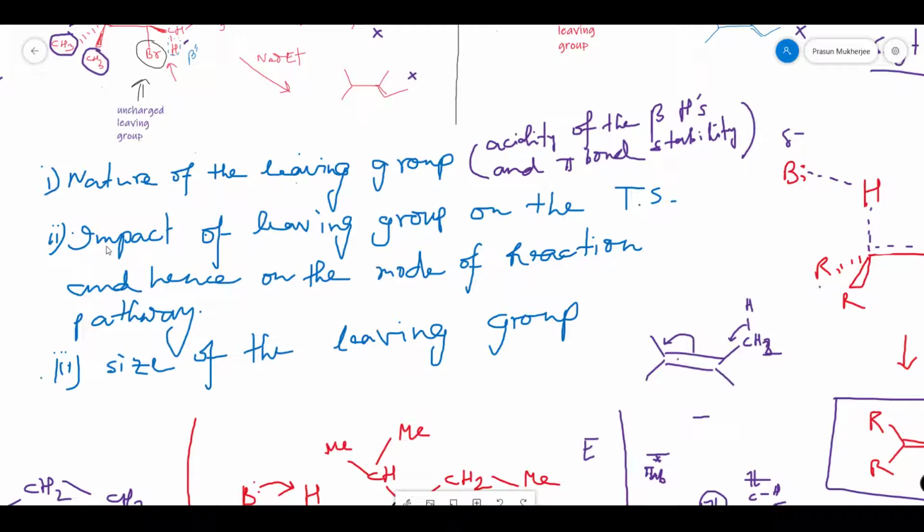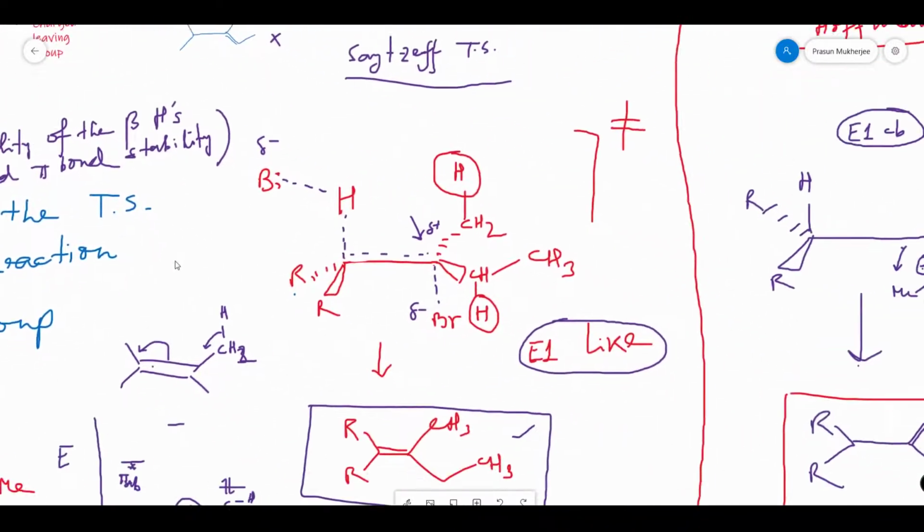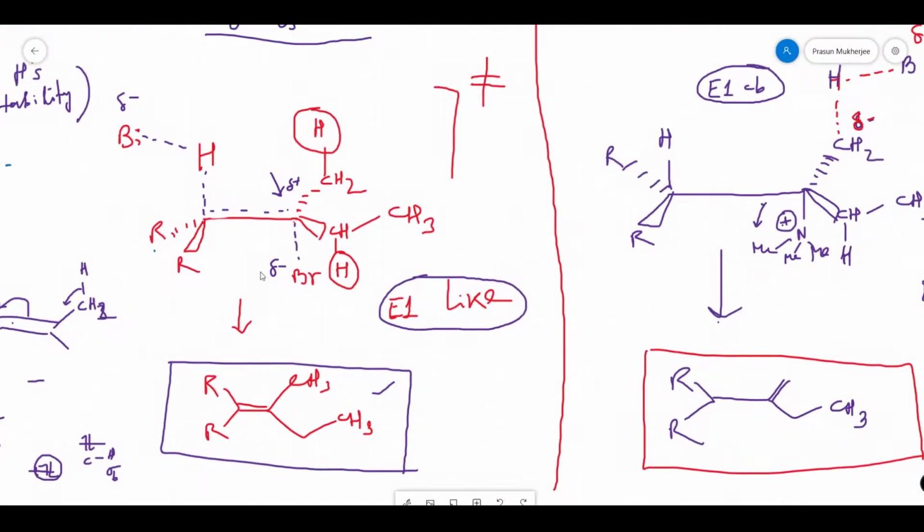Number 2 factor is the impact of the leaving group on the transition state. As you can see, in this case the leaving group is capable of dissociating in the transition state, and therefore the mechanism shifts towards the E1 end of the elimination spectrum.